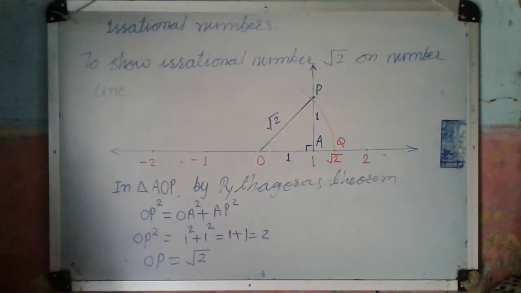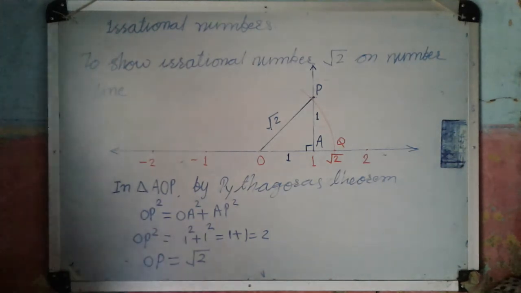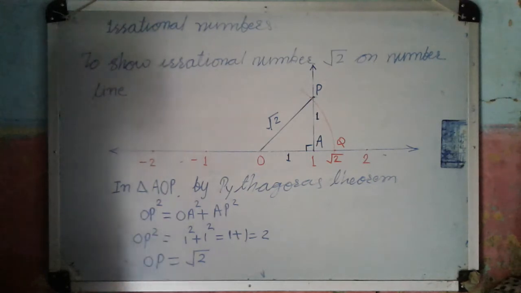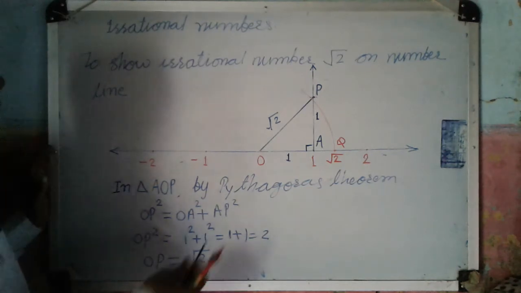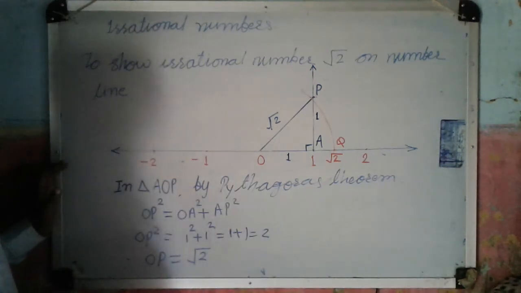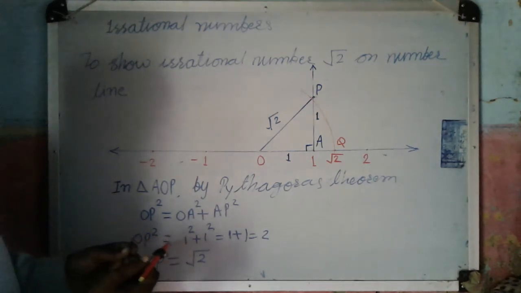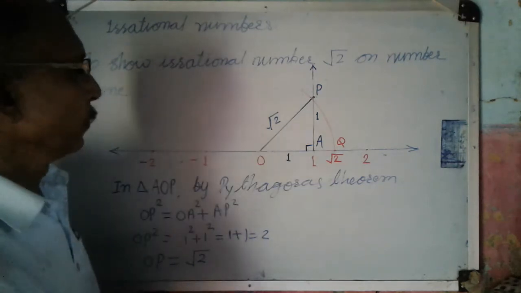Now, if we want to show minus root 2 on number line, so minus root 2 will be on the left of the 0 at the same distance as OQ.